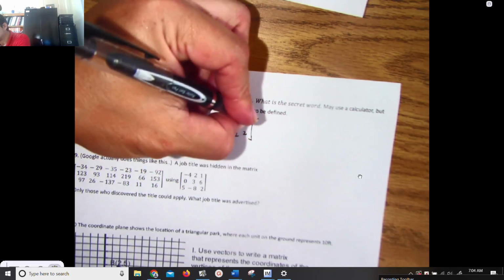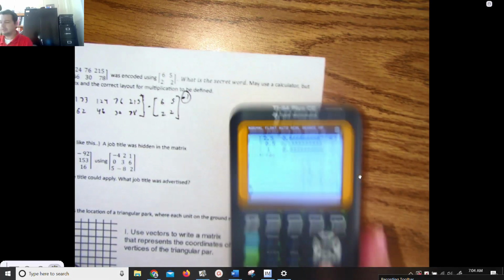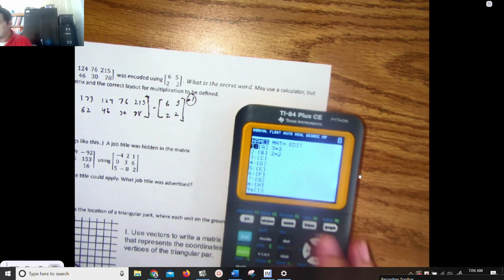Pay attention to that little -1 there I'm putting there. We're going to multiply it by the inverse of the encoding matrix, and we're going to get a message back. Now we will have to turn around and decode the message. They didn't do anything hard. And I might have the order wrong. I do have the order wrong.